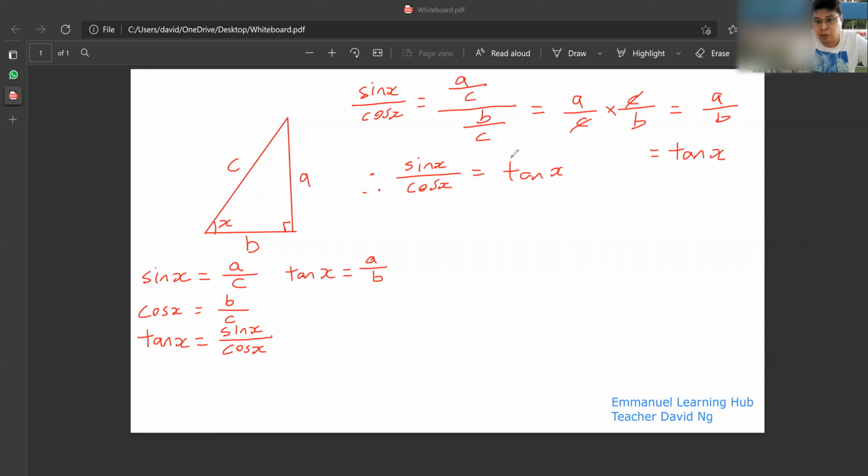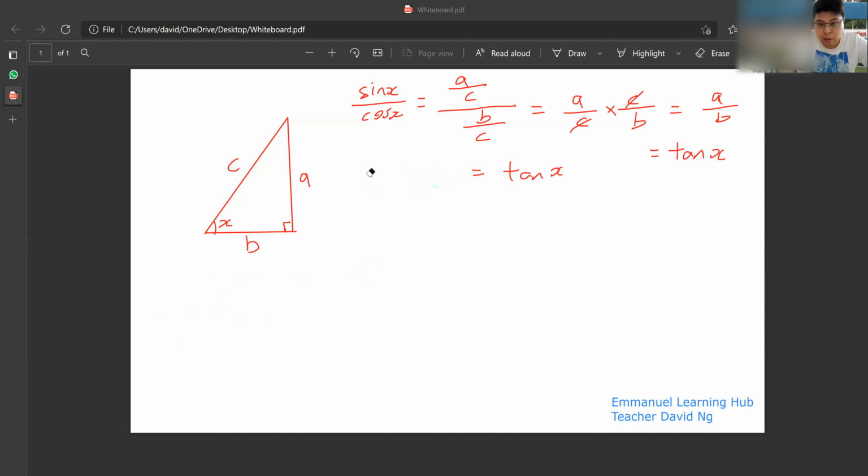So this is the first identity I need to show you before I can move on to show you other trigo identities. So this part, I believe you are clear. Right now, I'm going to prove to you another trigo formula, your basic trigonometry identity.